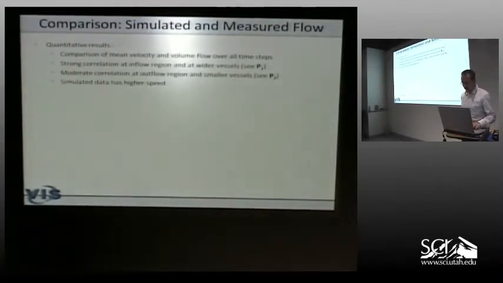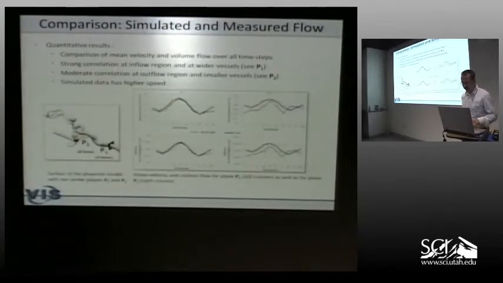So we also, of course, made a quantitative analysis, which you see right here. This is the volume flow over time, and that is the mean velocity over time. And you see that this nicely corresponds in the first time steps, and later the correspondence is a bit lower. That is one of the results which is not too surprising.